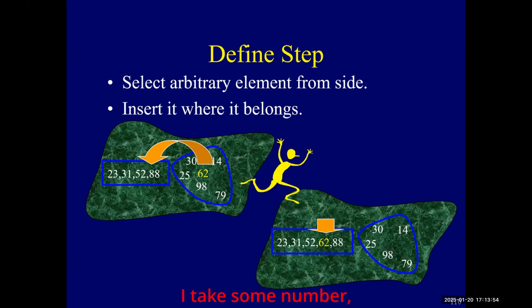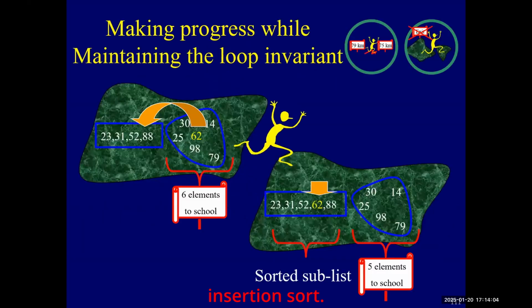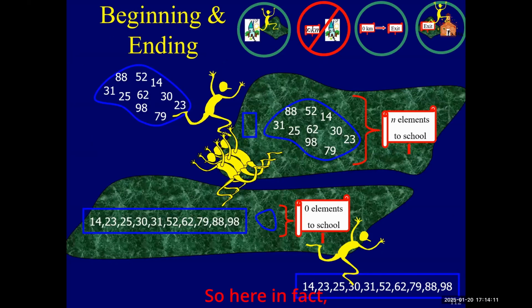I take some number, doesn't matter which, and I scan along and I insert it, right? It's called insertion sort. And that's what we do. And you keep doing it, right? And so here, in fact, one page is the whole algorithm, right?